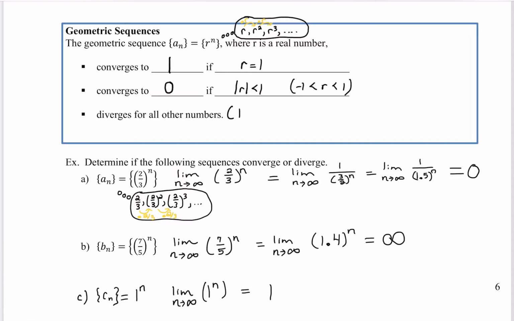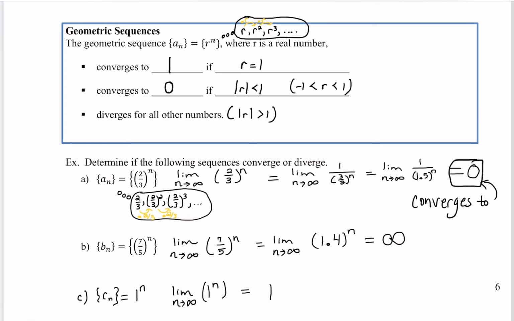So in other words, if the absolute value of that common ratio is larger than 1, then it diverges. And of course, we can look at that now with everything that we just saw here. So this one converges, and it converges to 0.